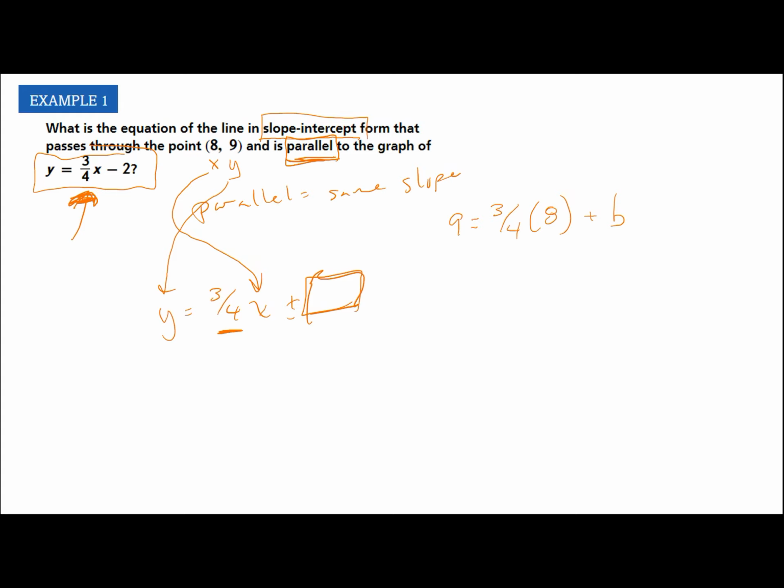And then we just simply evaluate. So 3/4 of 8 is 6. 6 plus b is supposed to be 9. I'm going to go minus 6, minus 6, and I get 3 is equal to b. So what is the equation? Well, we knew the slope was 3/4, and now we know the y-intercept is 3.